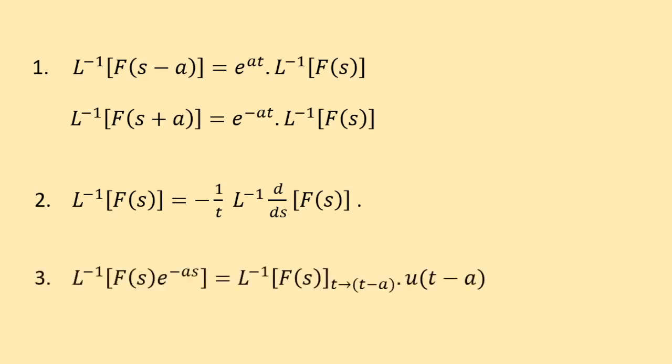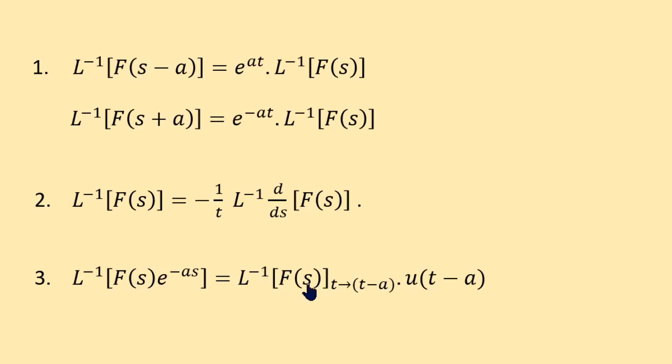One more rule is, if the function given is f of s into e power minus as, from the unit step function Laplace transform, so if it is e power minus as a product with f of s, find the inverse Laplace transform of f of s, then t is replaced by t minus a.